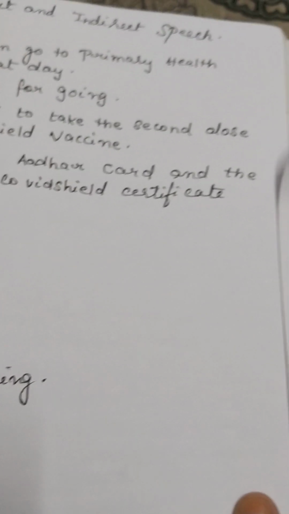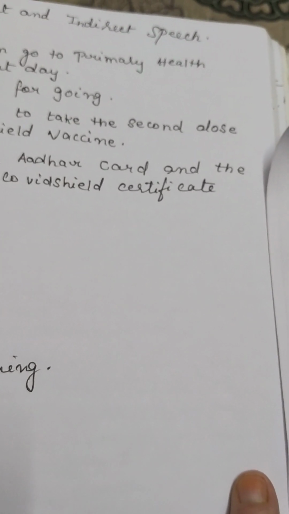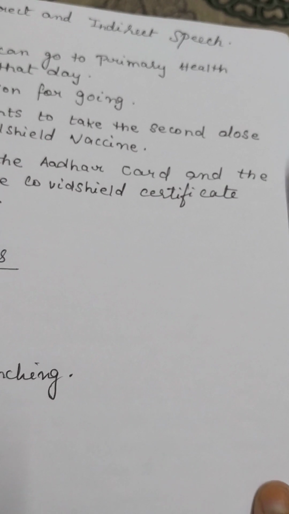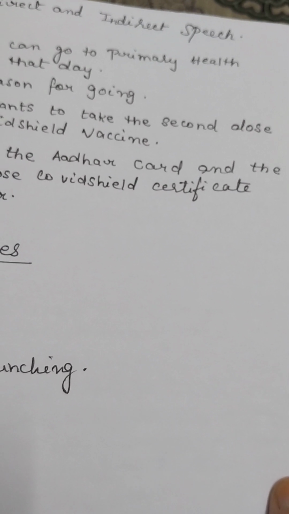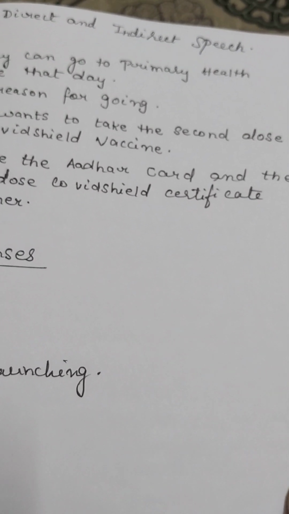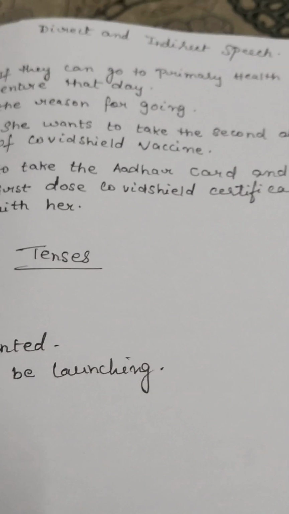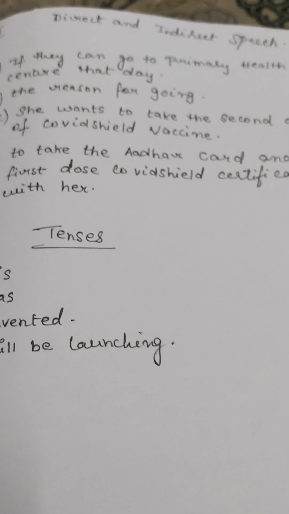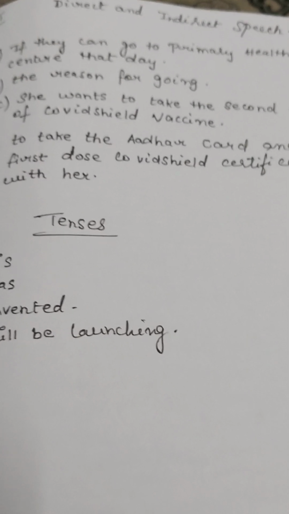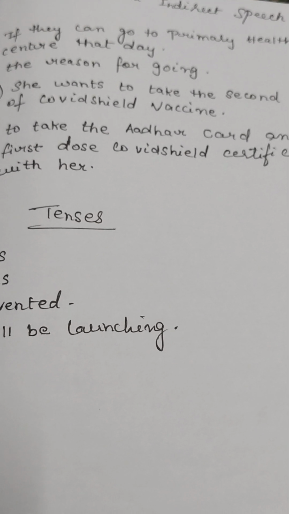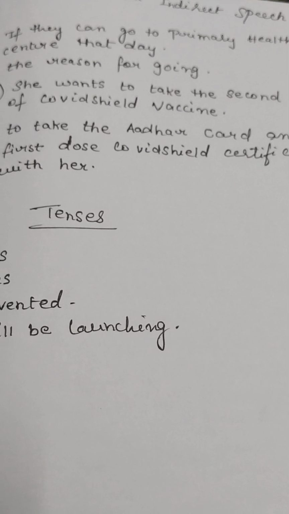Now here, take will be take, not took. Because if we say took the Aadhaar card, the structure of the sentence will not be proper. It will be inappropriate. So in order to make the structure proper, take will not be converted into the past tense. It will be in present tense itself.